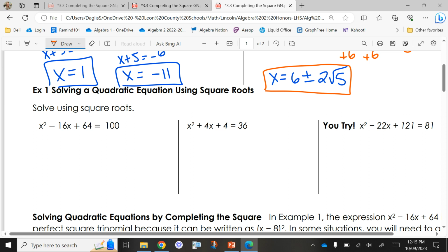Negative 8 and negative 8, right? It's the same number repeated. Negative 8 plus negative 8 is negative 16. Negative 8 times negative 8 is 64. So because it's the same factor multiplied to itself, that means it's the same factor squared. So I can write it as the factor x minus 8 squared.